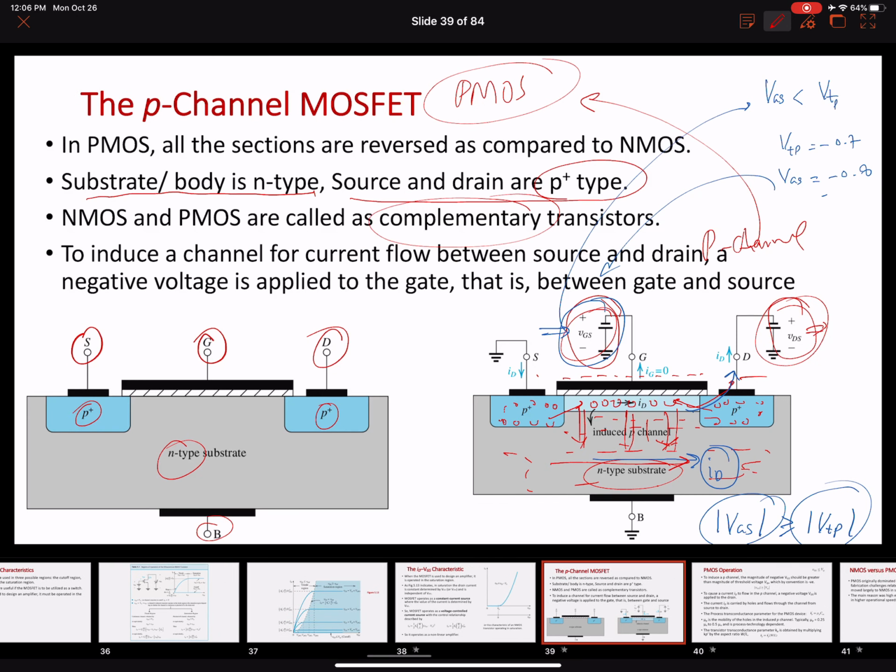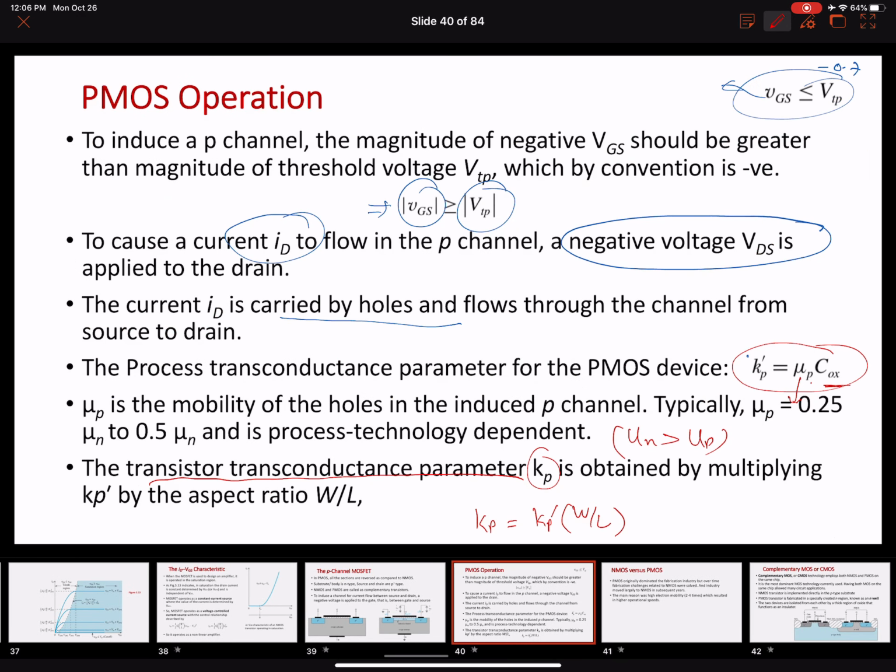We discussed the structure and basic operation of the PMOS, very similar to the NMOS. Again, the only difference is that using complementary materials, you reverse those materials, and in order to operate the transistor using similar principles, we have to reverse the polarities.